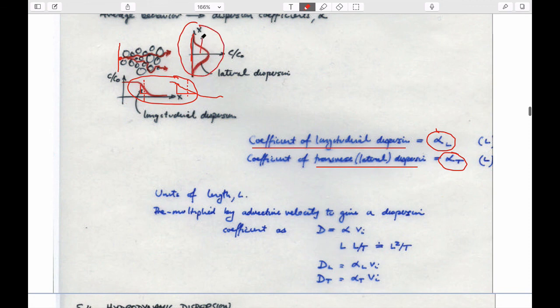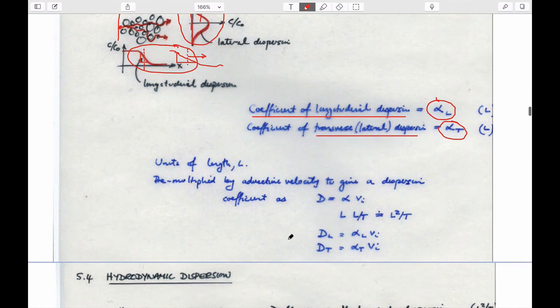So in other words, how much it spreads out this way versus how much it spreads out this way. So longitudinal and transverse. You have flow occurring in this direction. And it turns out that we can define the magnitude of this dispersion by multiplying this physical property, alpha L or alpha T, by the flow velocity.